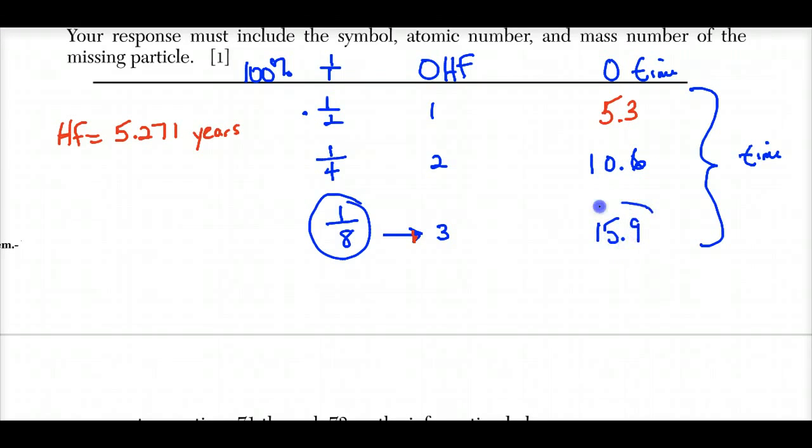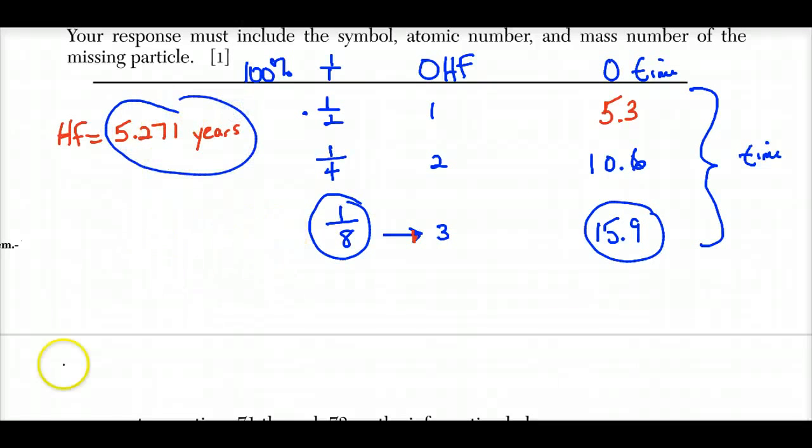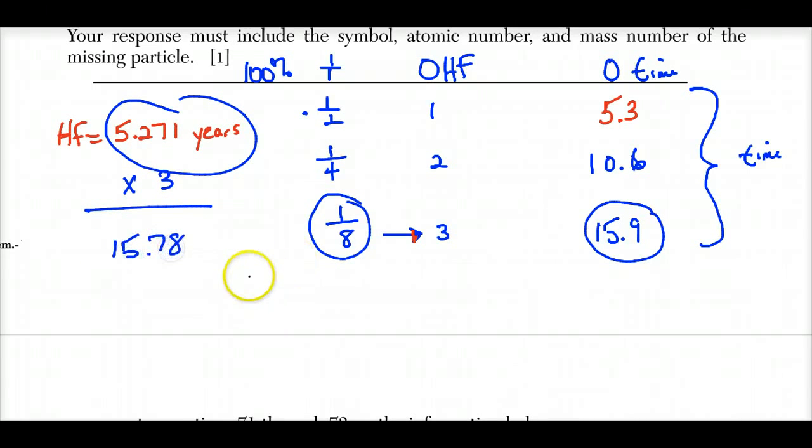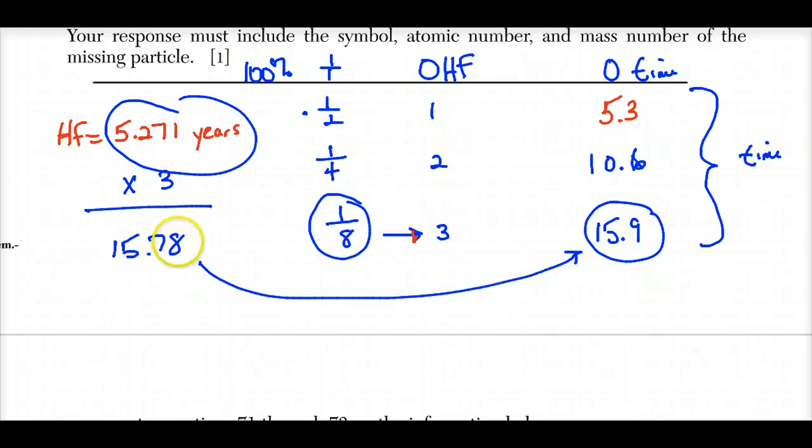I don't care how you do it, but it took 3 half-lives to get to the eighth, and each half-life was 5.27. If you take this raw number and times it by 3, you actually get 15.78. I still believe you would accept the other answer as well. No significant figures are necessary. I was a little careless in my rounding here.